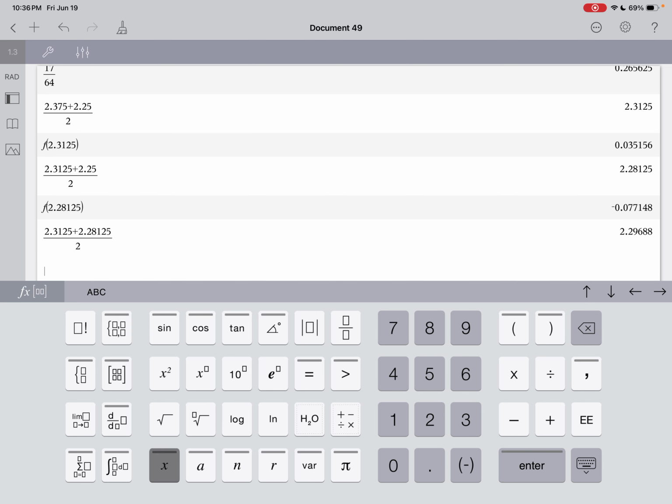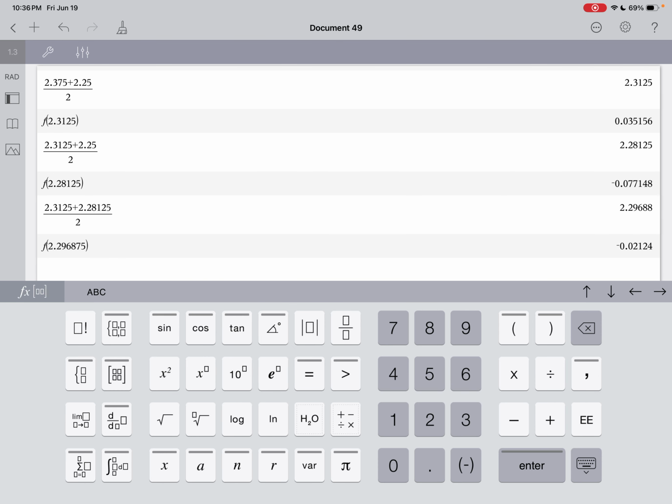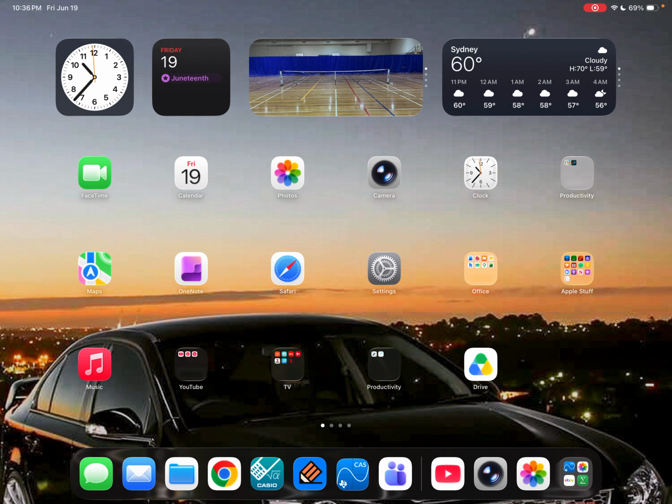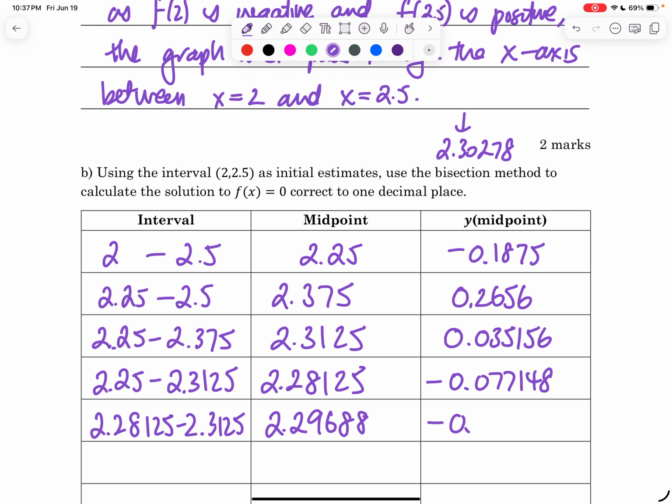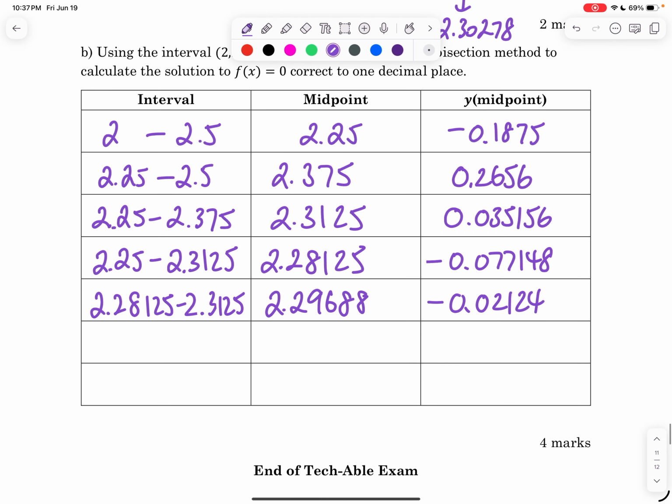F of that is negative 0.02124. Okay, because it's negative, we replace the left endpoint, so 2.29688 to 2.3125.